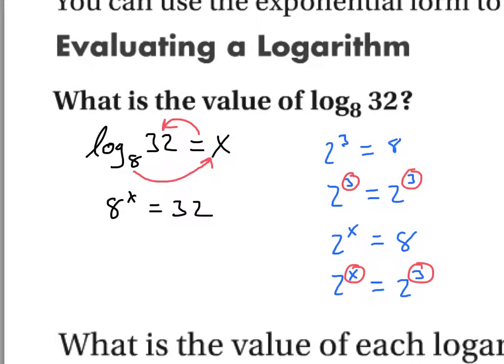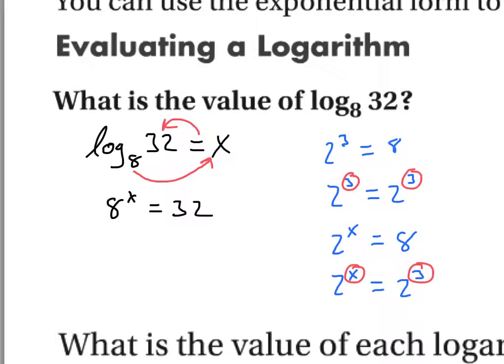Okay, well we want to use that same principle over here with 8 to the x power. Now, is there any way to write 32 to have a base of 8? Using your roots chart. No, because 8 squared is 64, so that doesn't work for us. So what we're going to have to do then is actually rewrite both 8 and 32. So can I rewrite 8 to have a base raised to a power?